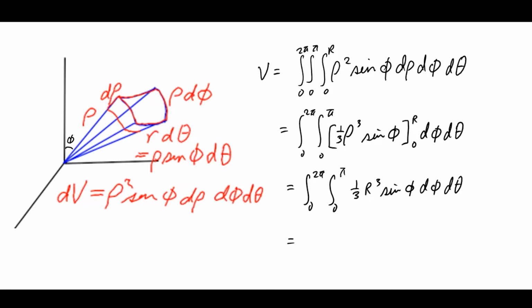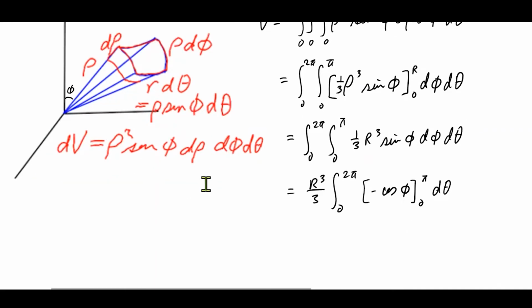Okay, r cubed over 3 is constant, so that can come outside. Now evaluating sine phi, we get negative cosine phi. Let's put it with the bracket, and then 0 to pi and d theta. Very good. Now evaluating this, do we just pick up 2 out of this?